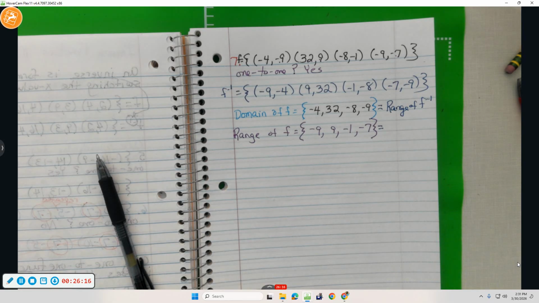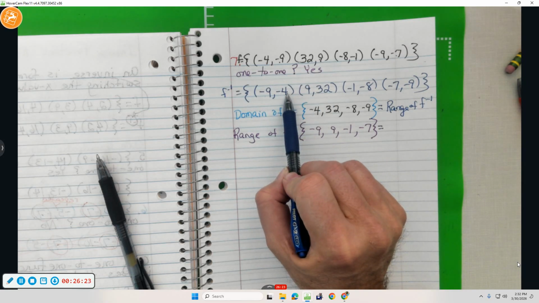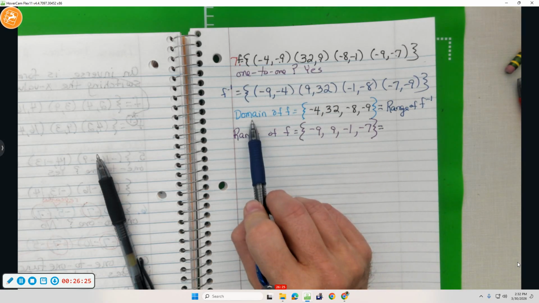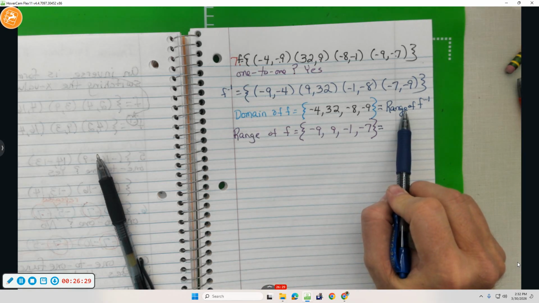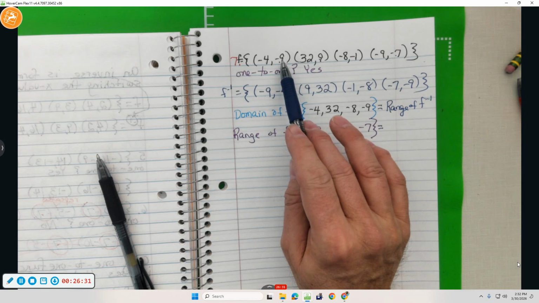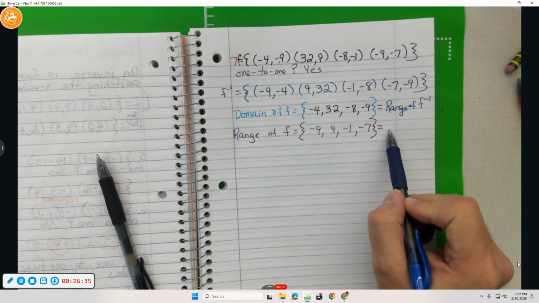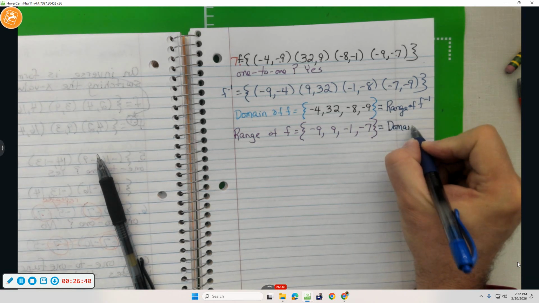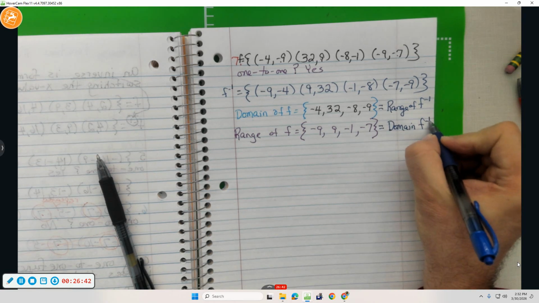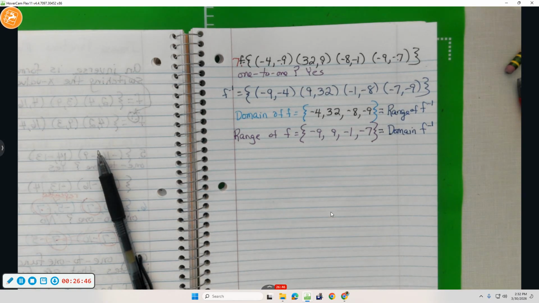Why is that? This is just a lot of terminology. The x value became a y value. In other words, domain became range. The y value became, what am I about to write right here? Domain of f inverse. So it's the way we're switching the x and y.